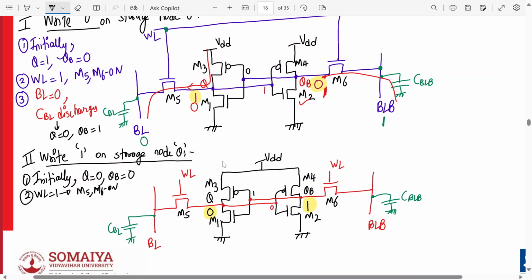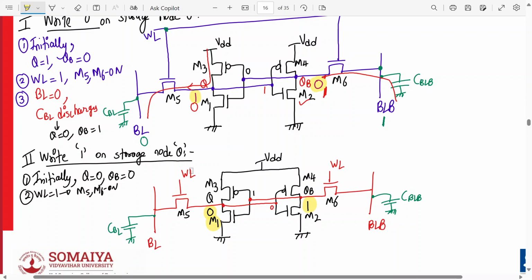So tell me which transistor is on? M1 is on. Yes or no? M1 is on, right? If Q is 0 and QB is 1, then here M4 is on. So now what will happen?